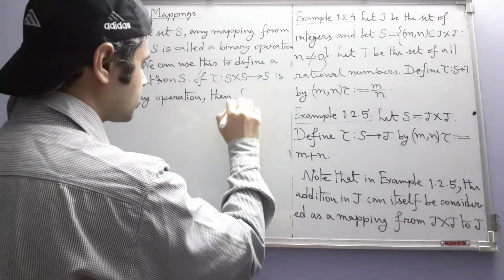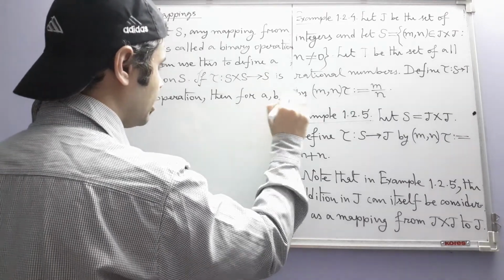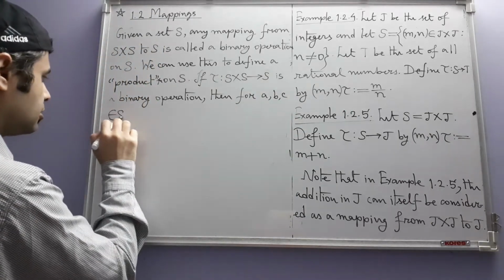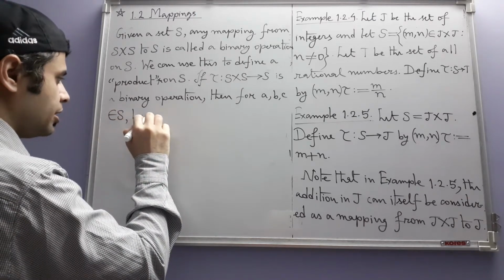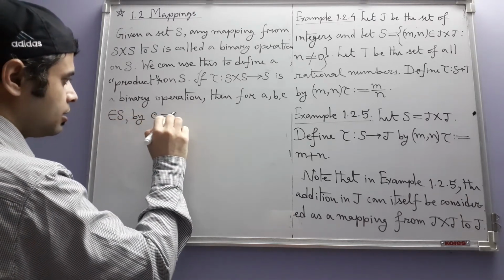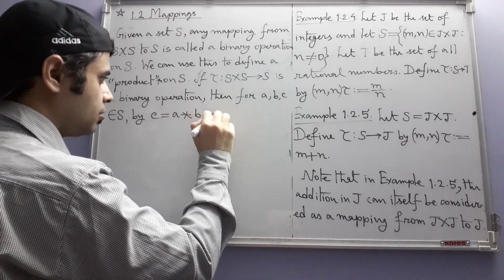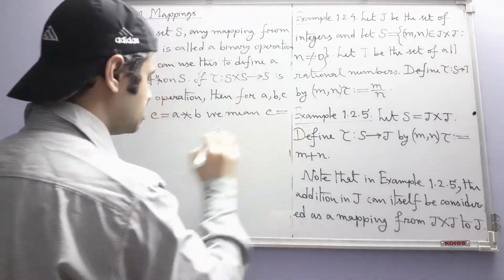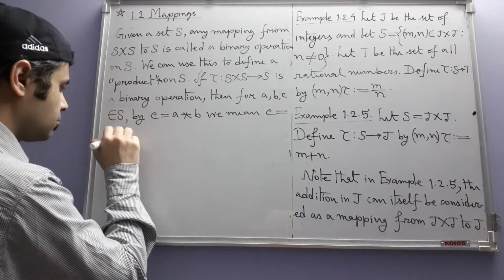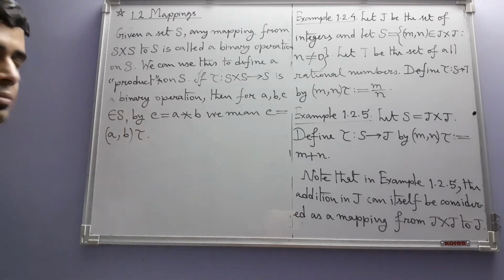Then for A, B and C, three elements in S, by C is equal to A star B, we mean C is equal to the image of A comma B under tau. So that's how we can define a product.